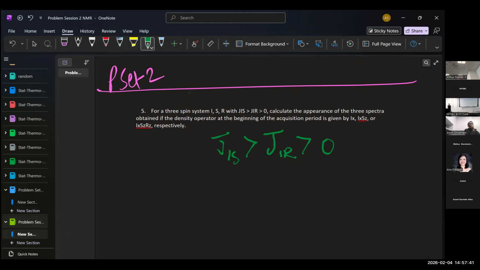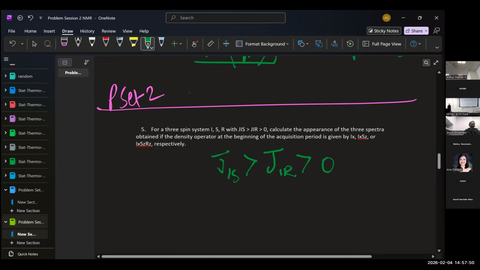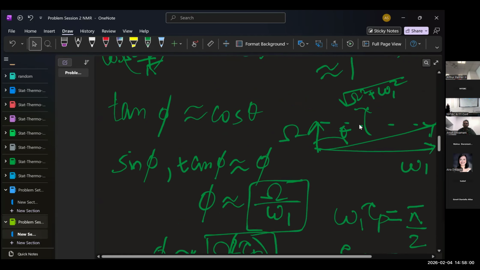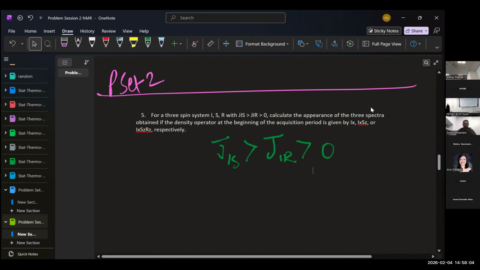So you can get pretty far from resonance and it's still pretty good. So on a practical level, it's really important, even though the trigonometry would not work at all when the offset and the RF field are equal; you absolutely cannot approximate this as just small omega-1.